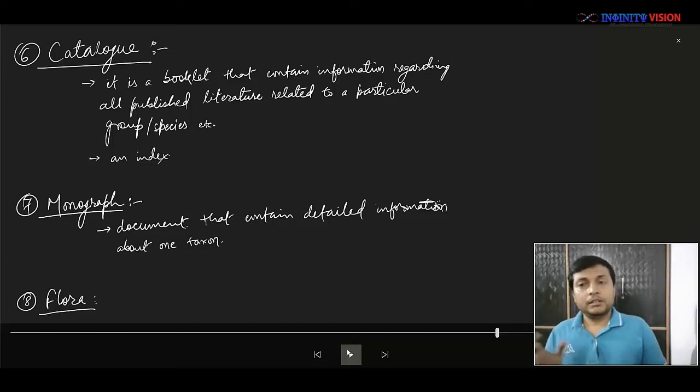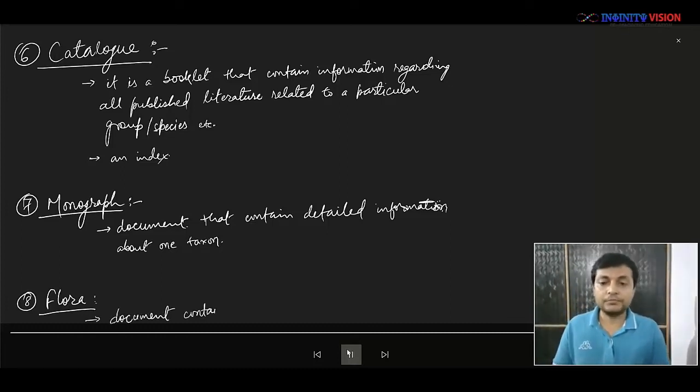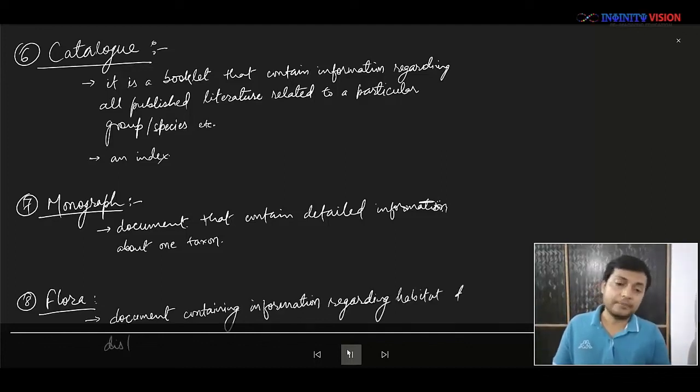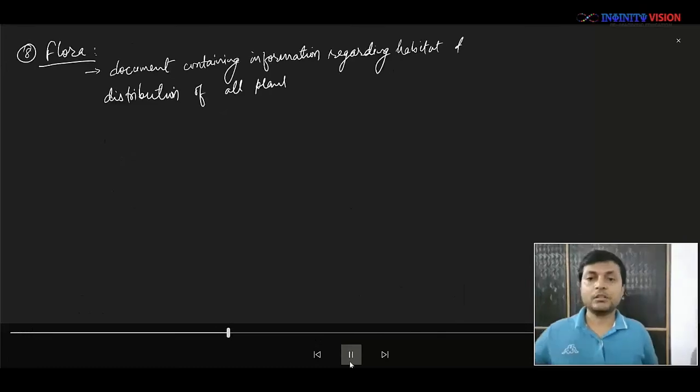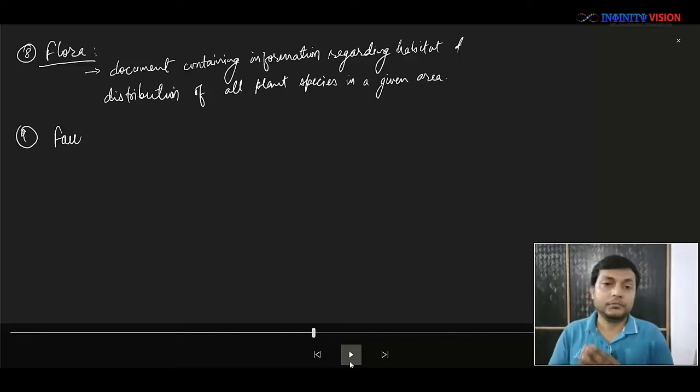Now the next taxonomical aid that we are going to talk about is flora. Now what is flora? Again, it is a document containing information regarding habitat and distribution of all plant species in a given area. So flora is a document that contains the information of all plant species in a particular area.